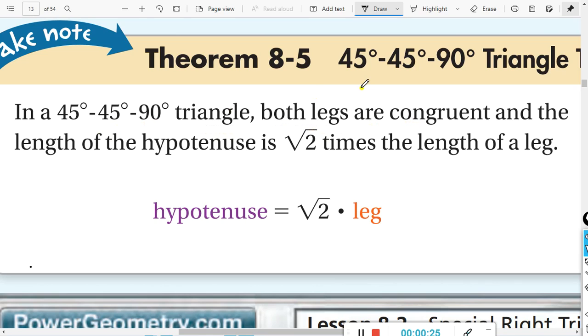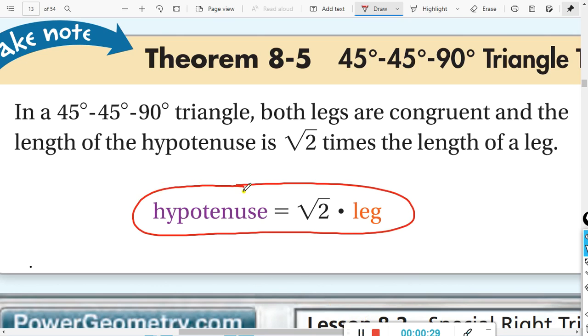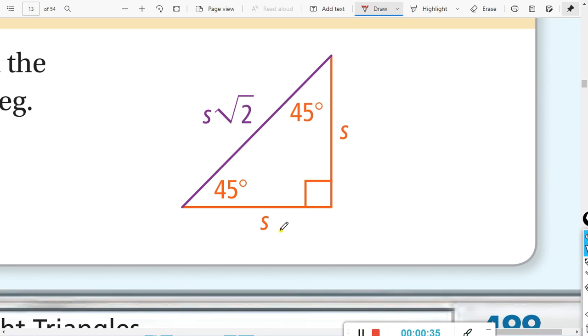All right, so please write down this formula because you're going to need it. So looking at the diagram here, we have a 45, 45, 90-degree triangle, okay?